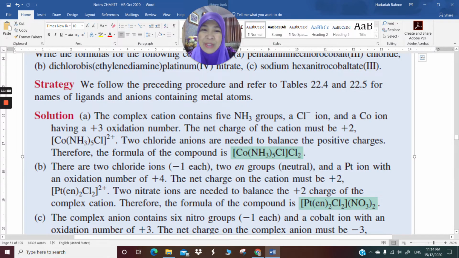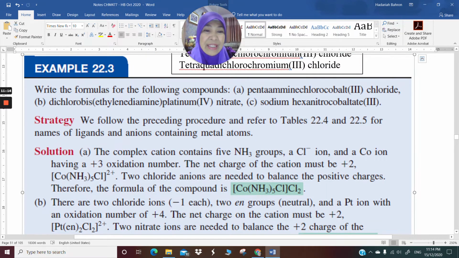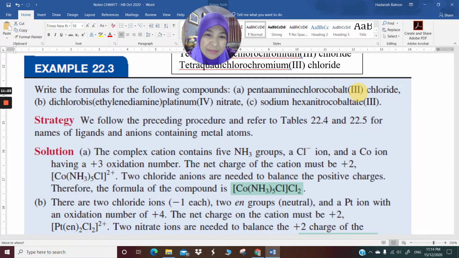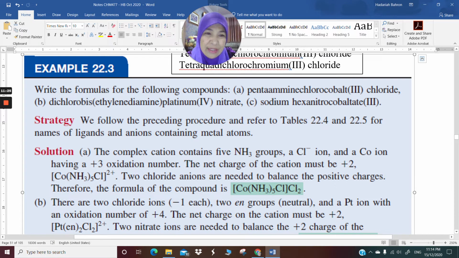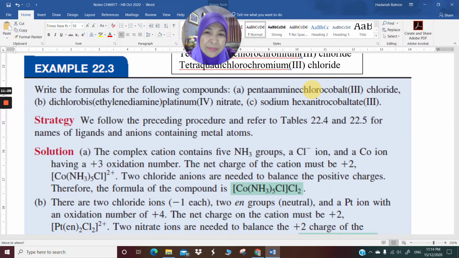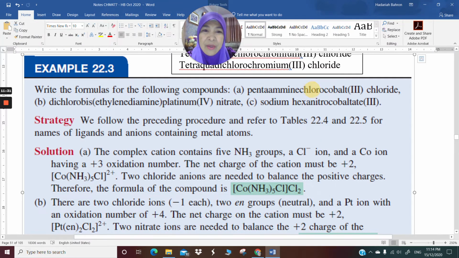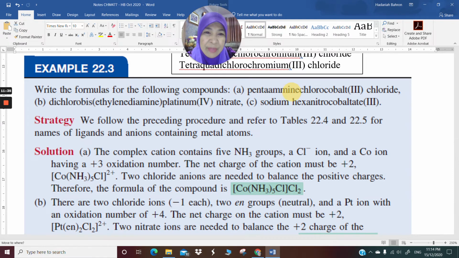And how do I know to put the chloride as 2? Because you have to work out how many the complex ion needs. Cobalt here is cobalt 3. Chloro, there is only 1 chloro. And amine is 0, so the charge of pentaamine is 0.